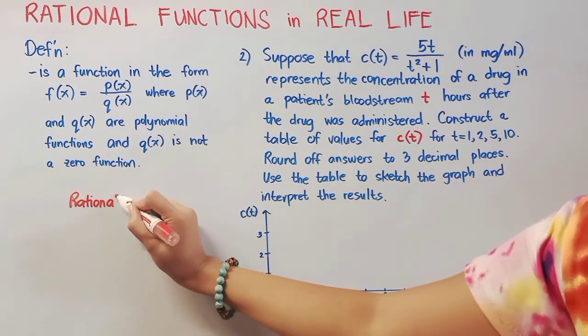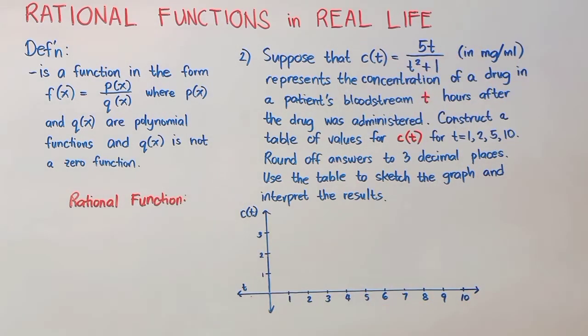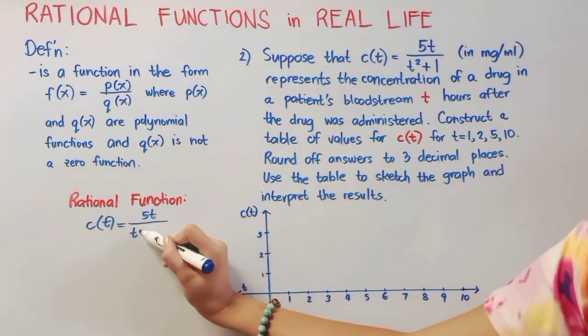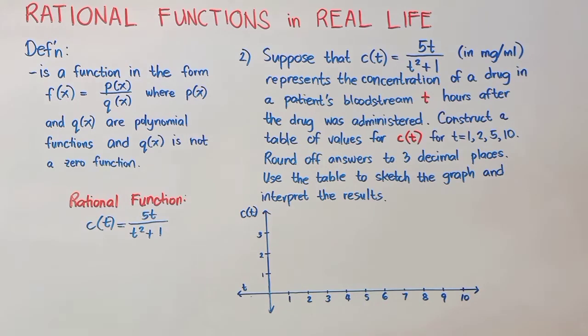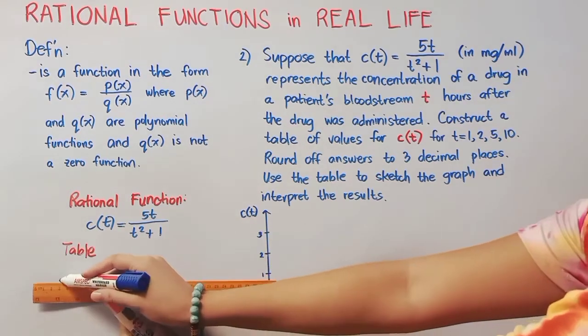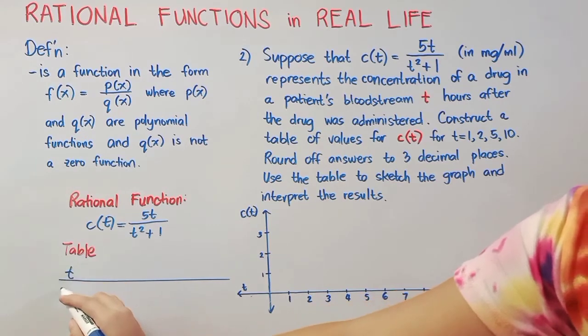First things first, our rational function is already given, so we'll just have to copy: c of t is equal to 5t all over t squared plus 1. Then, according to the given, we have to construct a table of values for c of t, where our t values are 1, 2, 5, and 10.